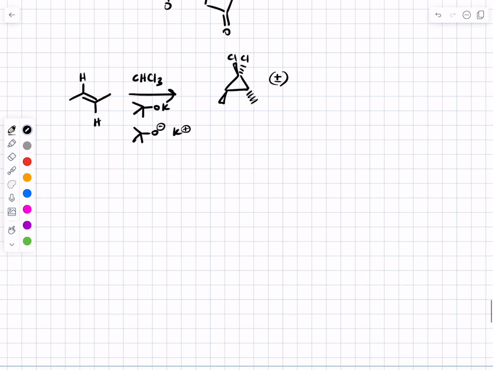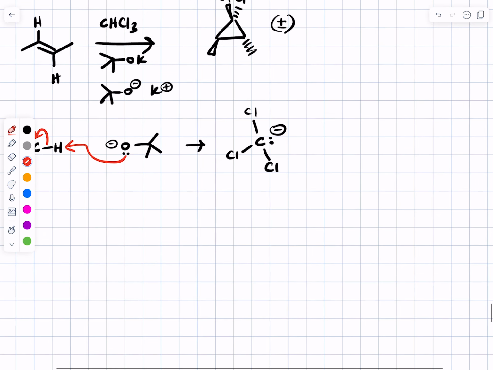So let's show you mechanistically what's likely going on here. The carbon-hydrogen bond of chloroform, because of the electron withdrawing nature of the nearby chlorines through electronegativity, is somewhat acidic, at least enough that it's reasonable for butoxide to remove the proton. That gives you the following negatively charged intermediate carbanion, with negative charge on the carbon, and then one of those chlorides can leave to give you the neutral carbene.